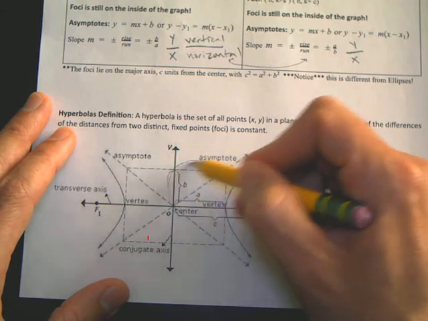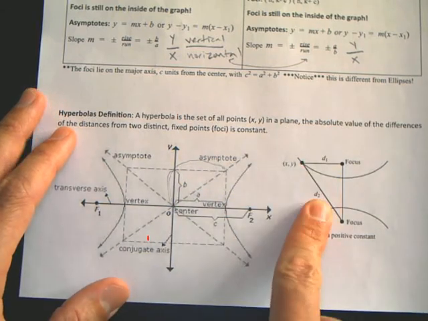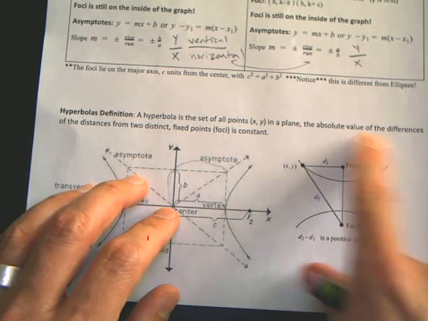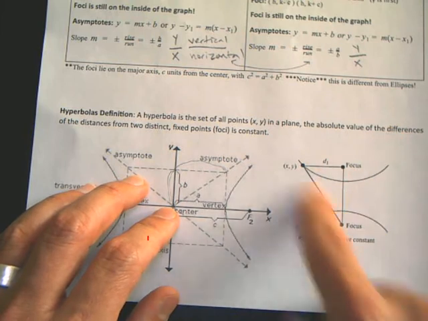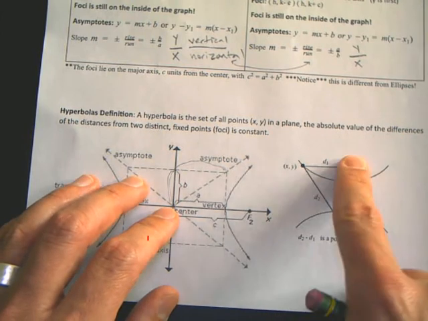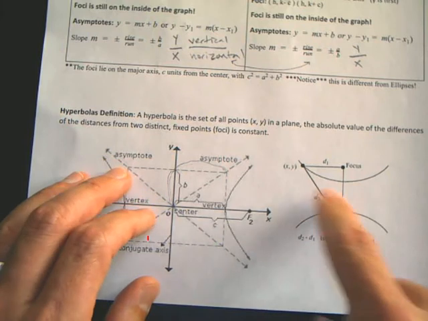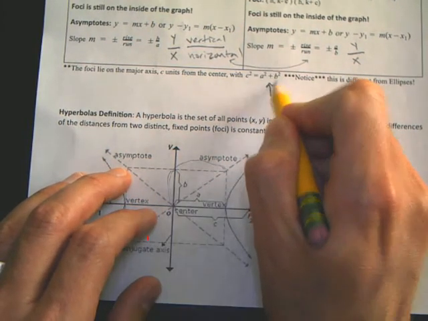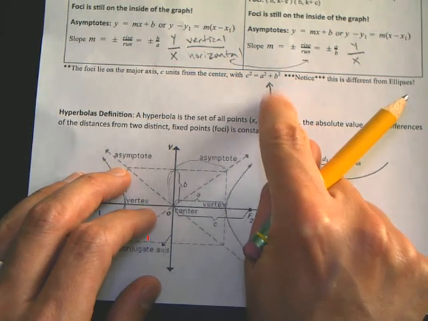All right? Now, the definition of our foci is a little bit different: it's actually the difference of these two distances. On the ellipse, we would have added those two together and it would have been a perfect oval shape. But here, it's the difference. This is an important thing to notice. We still use c squared equals a squared and b squared, but this time it is addition, all right?